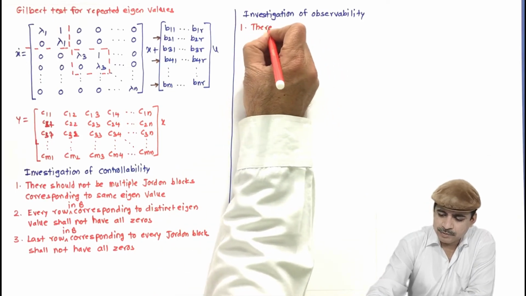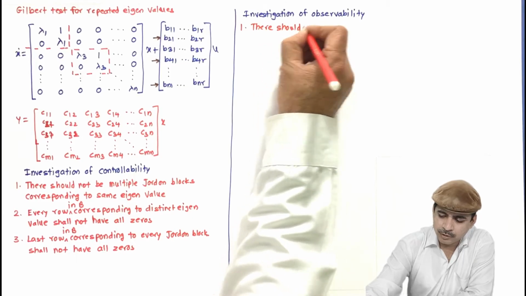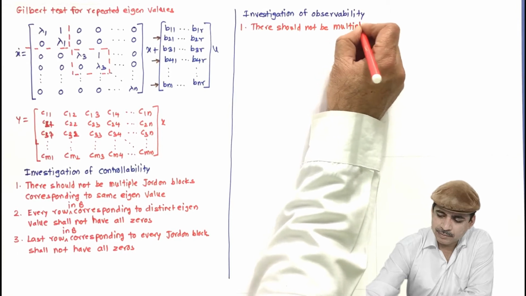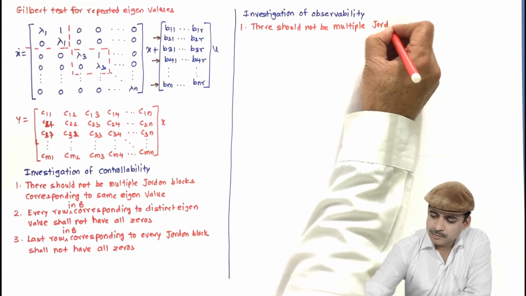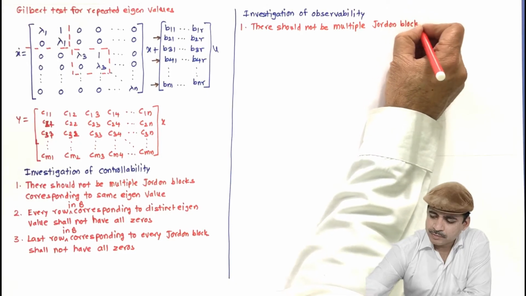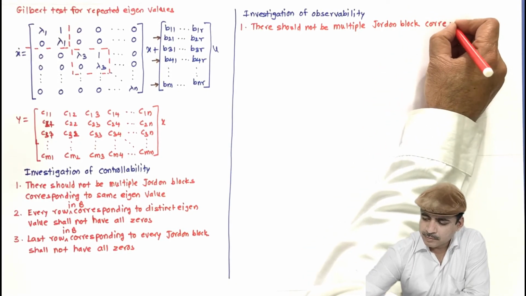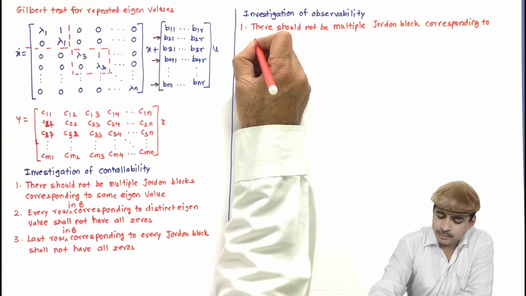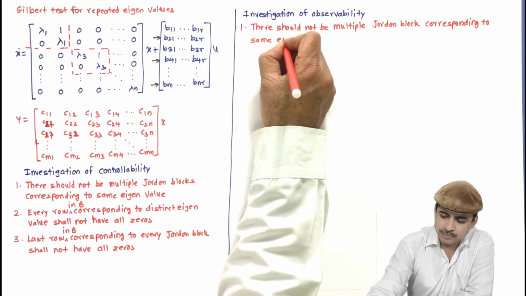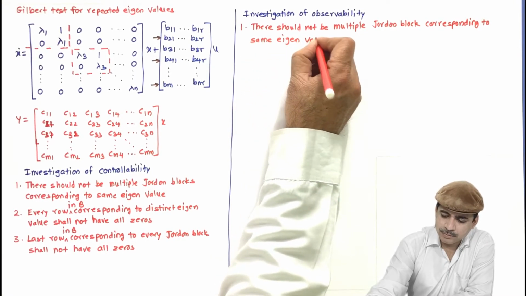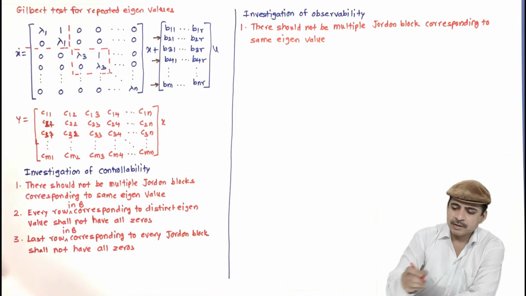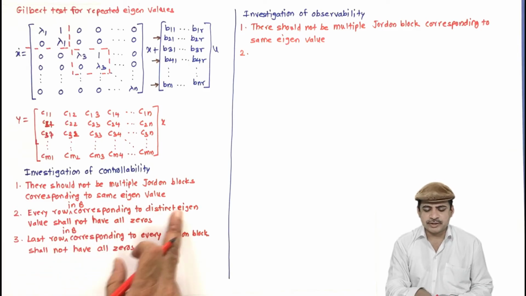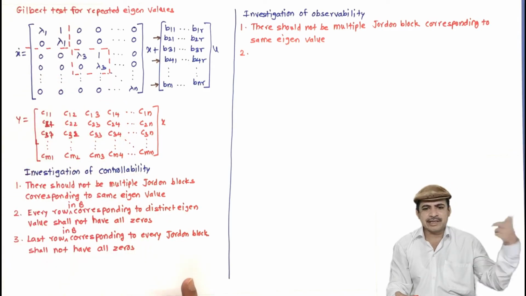There should not be multiple Jordan blocks corresponding to the same eigenvalue. Then the second, this one. So this is for the distinct eigenvalues, so it will be the same as the earlier case.